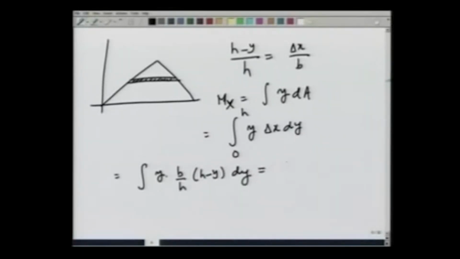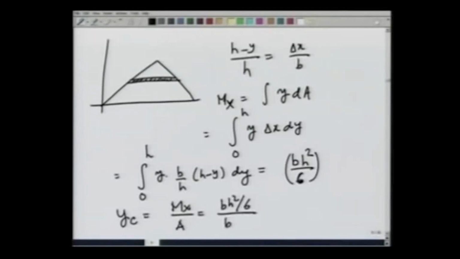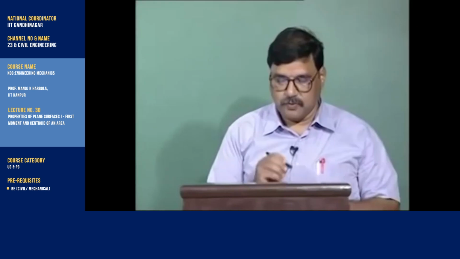and you do this, this comes out to be b, y varies from 0 to h, this comes out to be b h squared over 6, and therefore, y c is going to be m x divided by the total area, which is b h squared divided by 6 over b h divided by 2, which comes out to be h over 3. So, we have calculated the centroid of a triangle, and what is it?